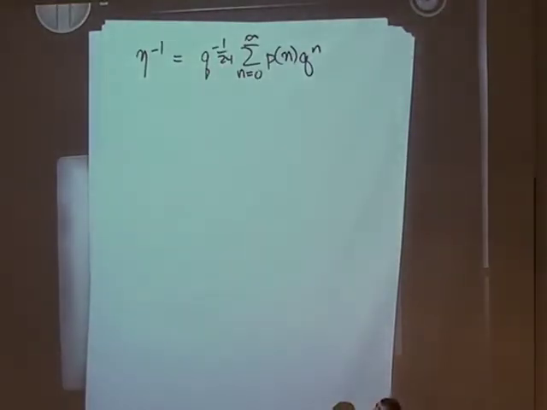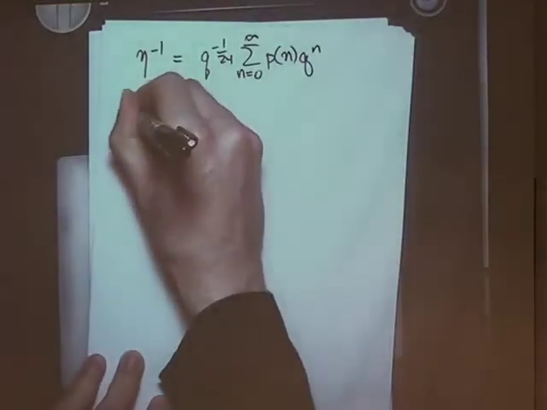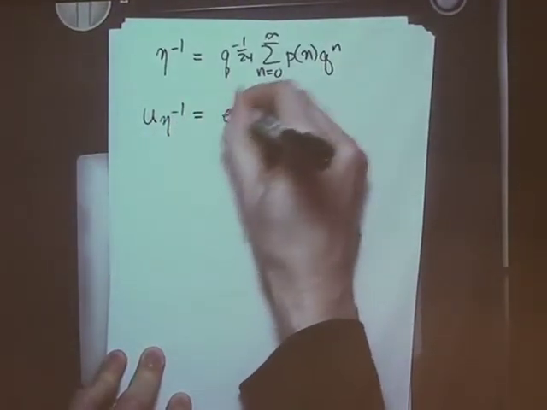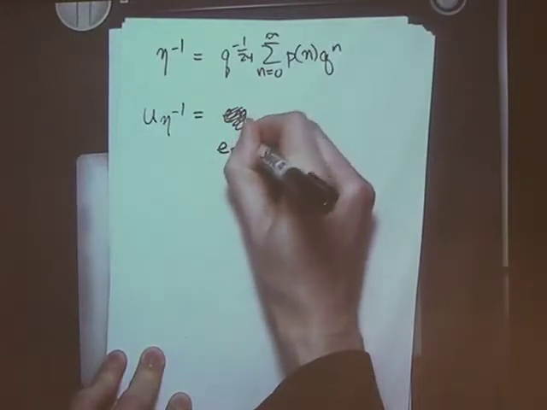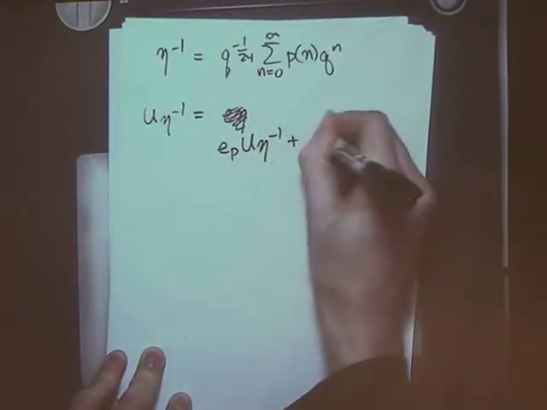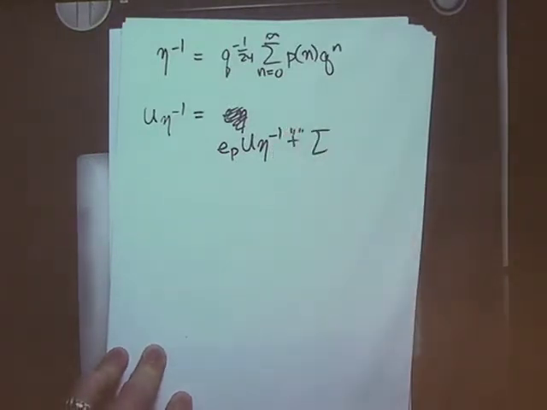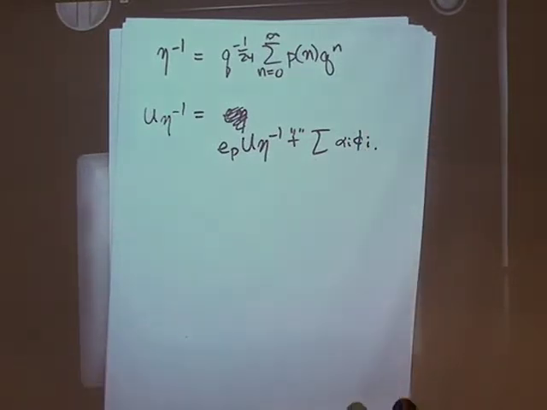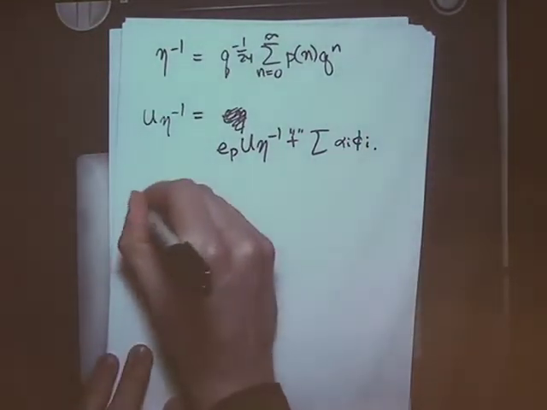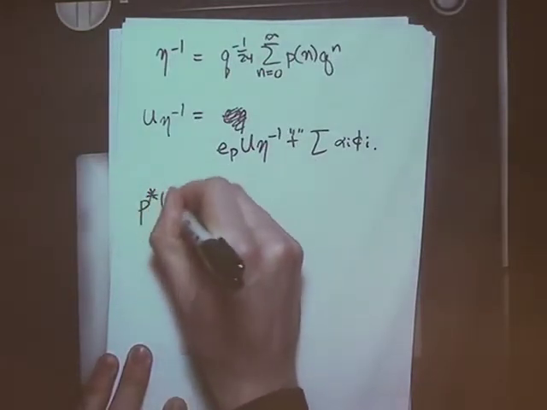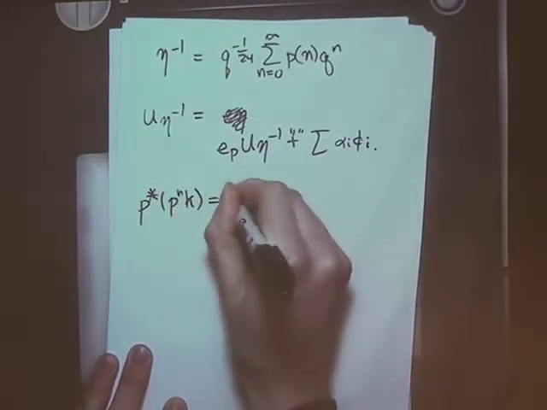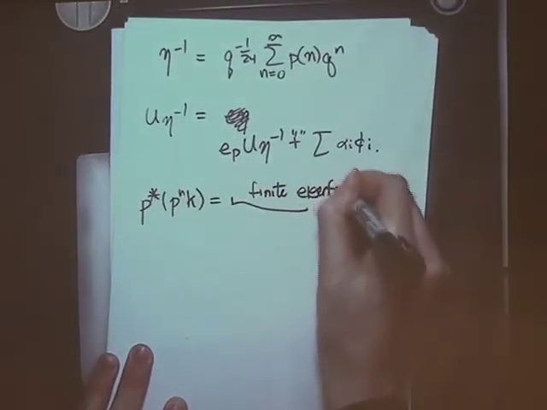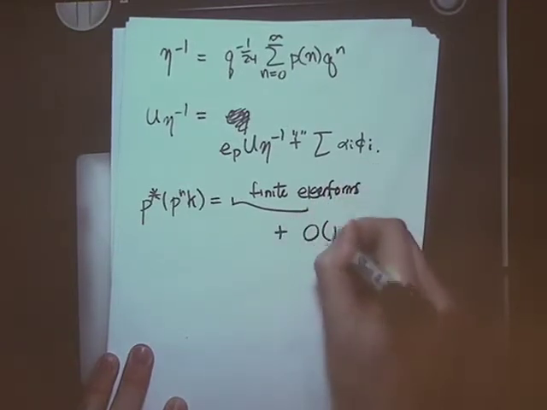And again, by the same computation, you can write U of e to the inverse as its ordinary projection plus some sum of alpha_i phi_i. And again, this will correspond to a congruence. Let me write it like this: p*(p^n k) will be, again, a finite fixed sum of eigenforms plus an error term O(p^(nc)).